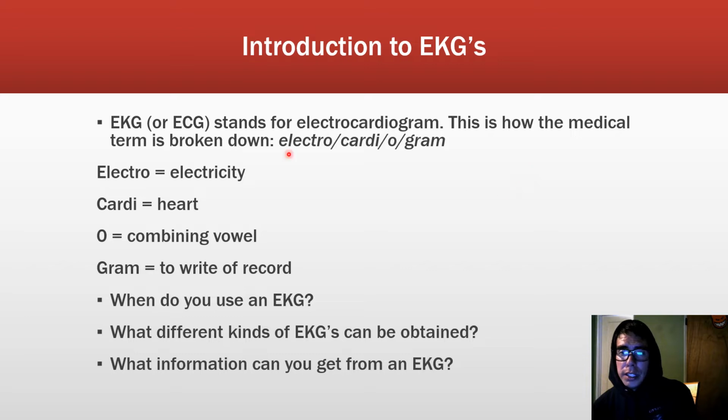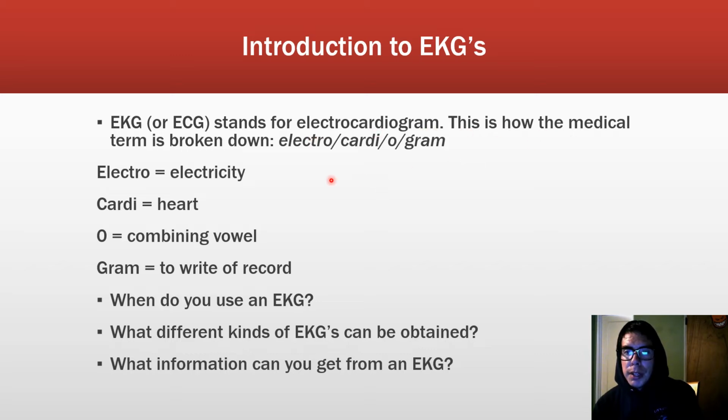So, introduction to EKGs. ECG, which is EKG, by the way, that's an American thing because we have to make things hard. The rest of the world says ECG, which makes a lot more sense, but of course we have to call it an EKG. ECG means electrocardiogram.